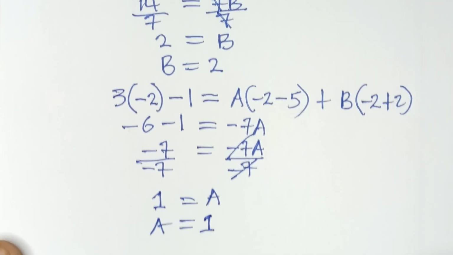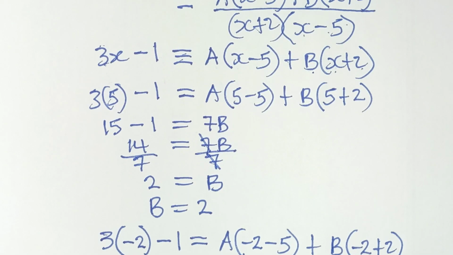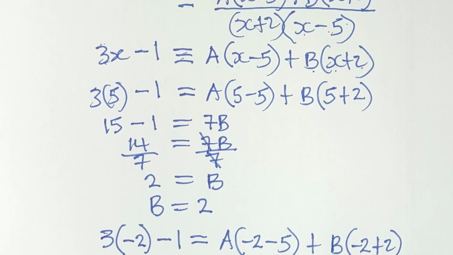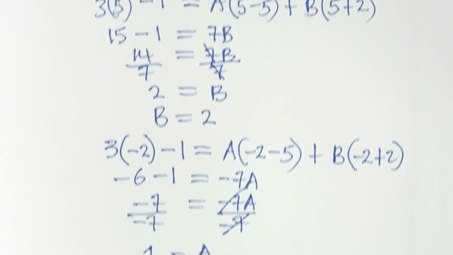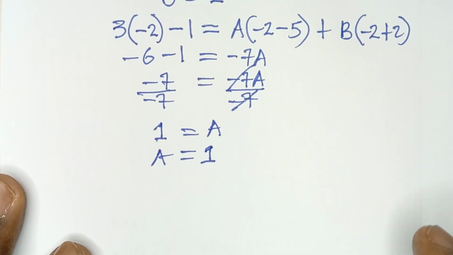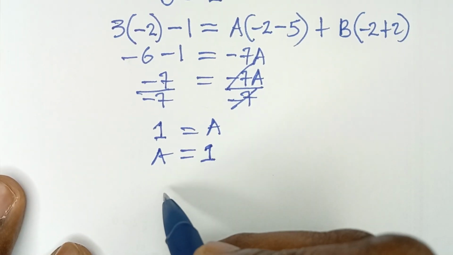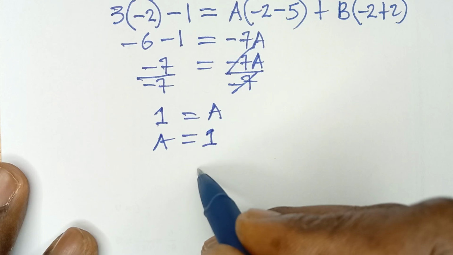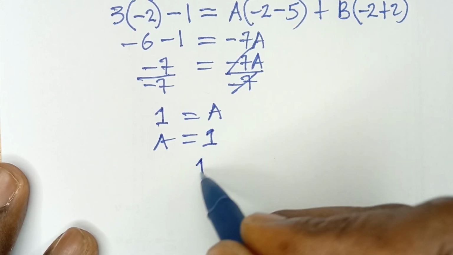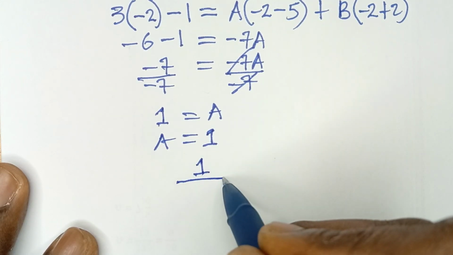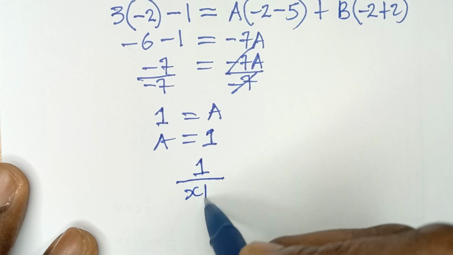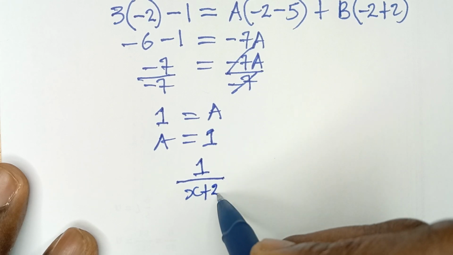So I can now conclude by saying that the partial fraction now can be resolved into a. Don't forget, my a is 1. So the partial fraction is now 1, which is a, all over x plus 2.